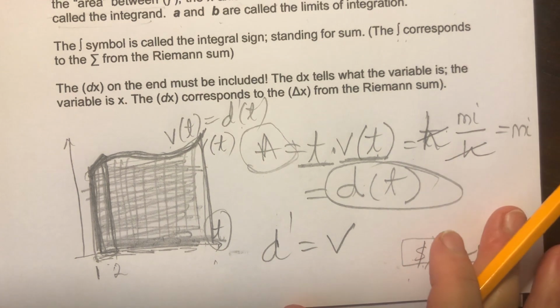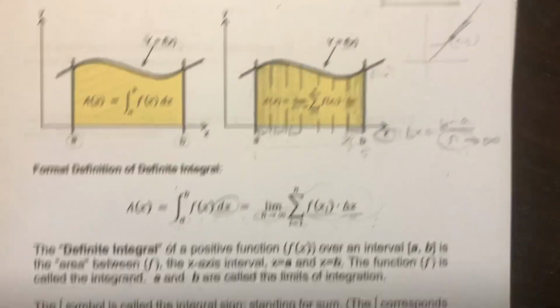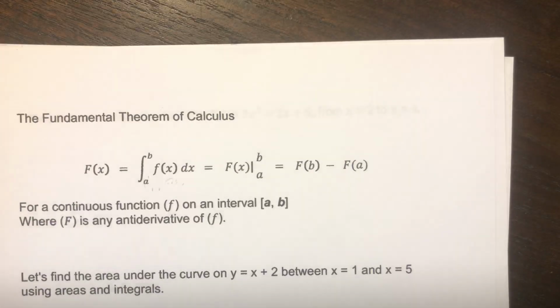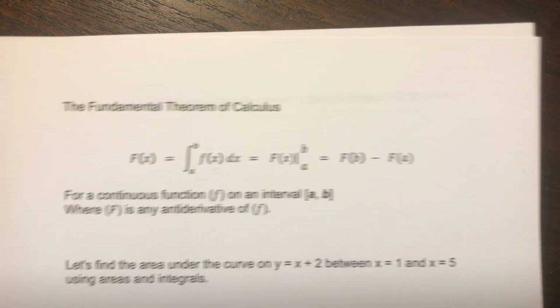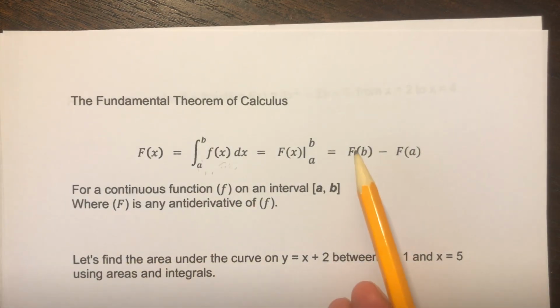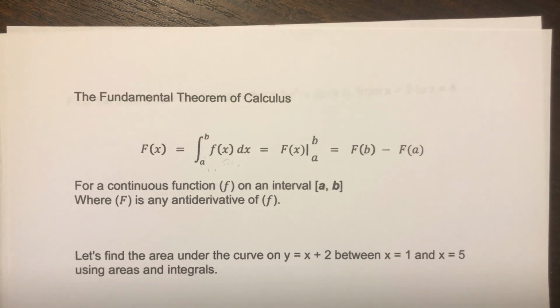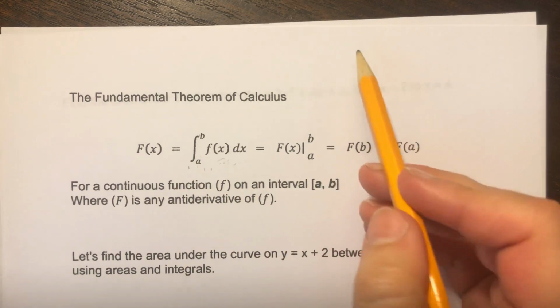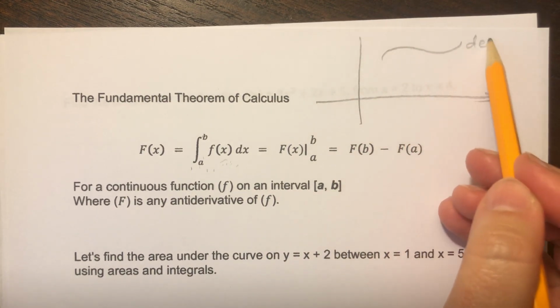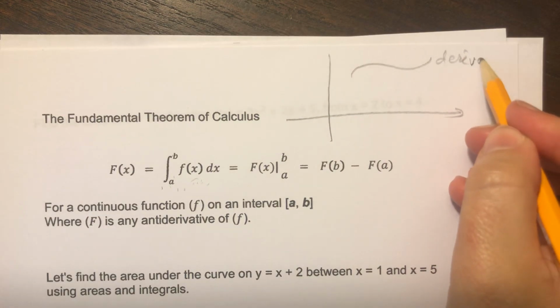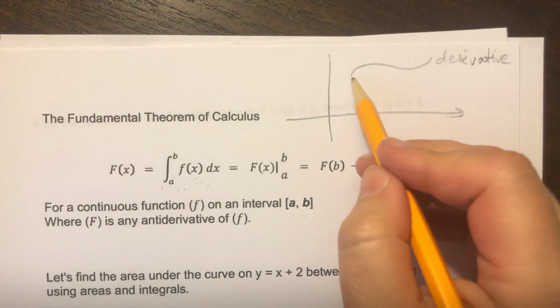All right. So that's exactly what the fundamental theorem of calculus simply says, that the integral and the differential calculus are connected in this way: the integral from a to b of a function, where what I'm giving you is the derivative function, the graph of the derivative.